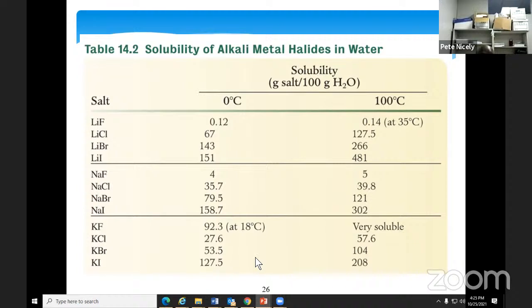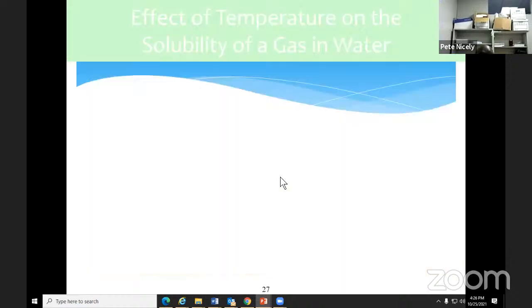Okay, so basically that's what is observed generally speaking, an increase in solubility as the temperature increases. And that is true for solids or salts and their solubilities in water.